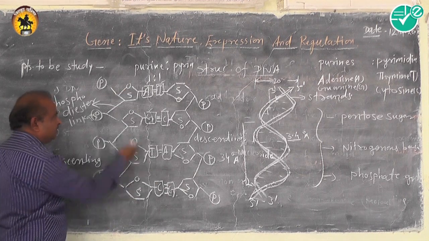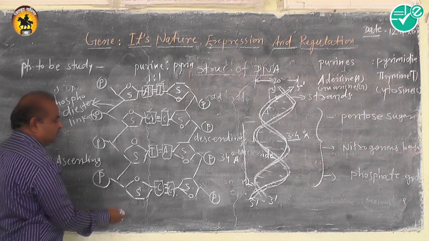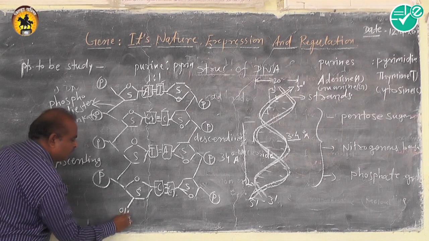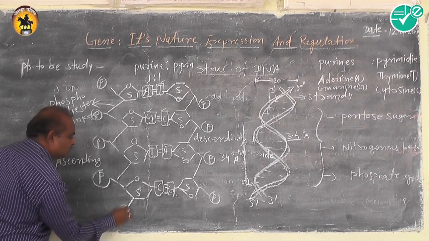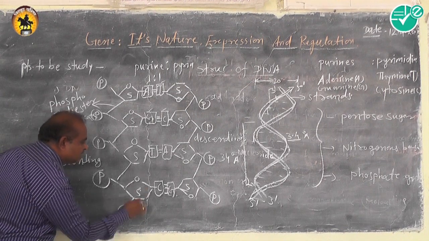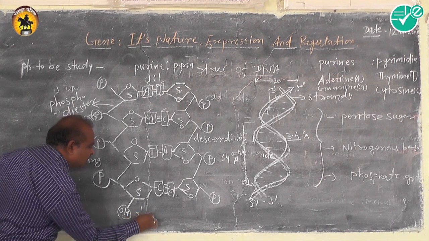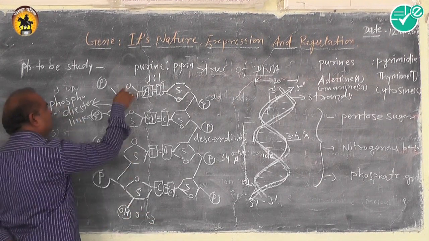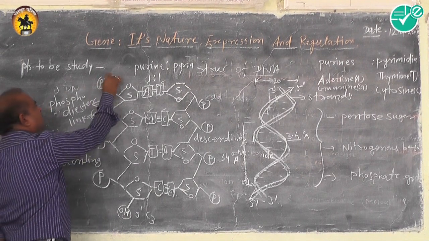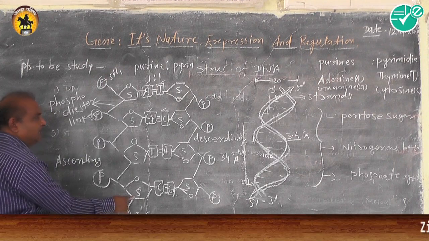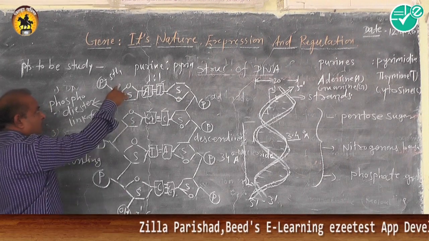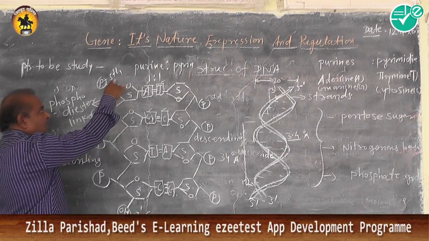Here, consider this is the ascending strand. Suppose this strand has this carbon number 3 where the OH group is free. So at carbon 3 the OH group is free, and this end of the strand is called the 3' or carbon 3 end. Whereas when we go upward on the same strand, we see the phosphate group at the 5th carbon, so the other end of this same strand is the 5' end.